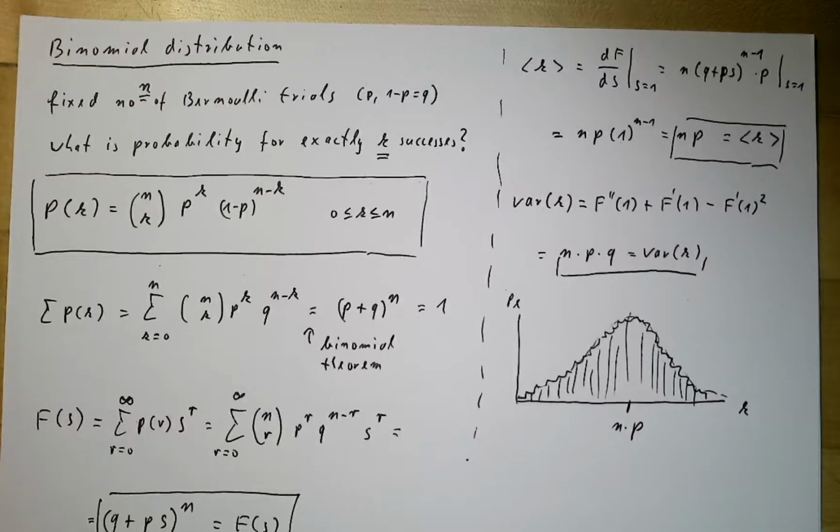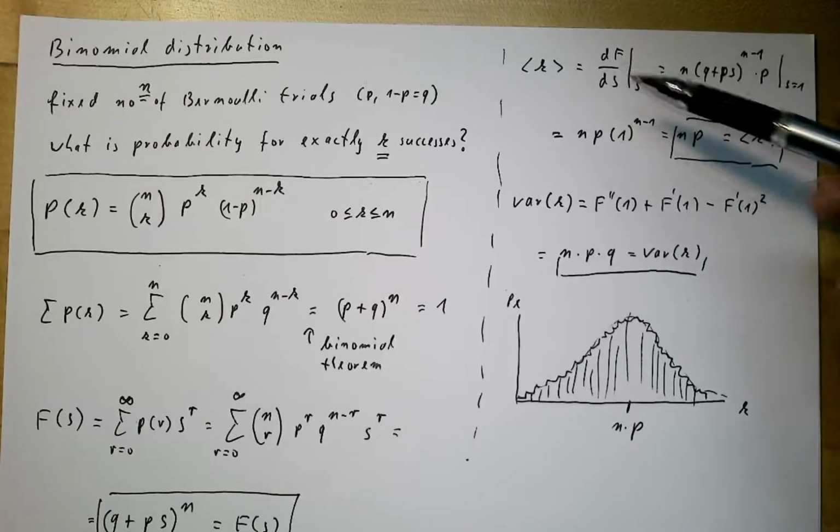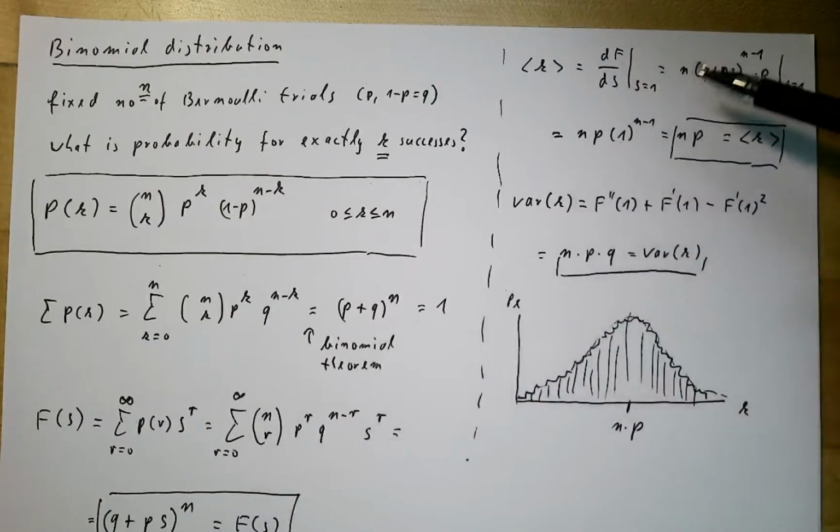I'm sorry if you have seen this binomial distribution already, but maybe you didn't see how to calculate its properties with the generating function, and you see the power of using this tool.